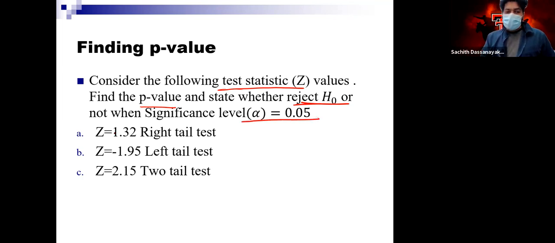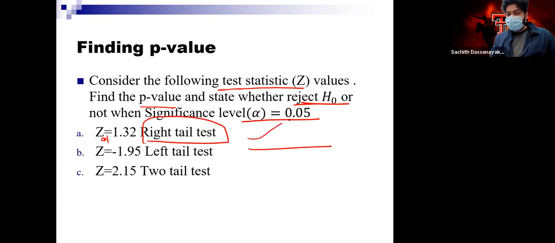Okay. Check this one. If your Z calculated value is 1.32, go to the table, and they have also given that this is the right tail test. Right tail test means something like this. Your alpha equals 0.05, the significance level. You need to find your p-value somewhere here.